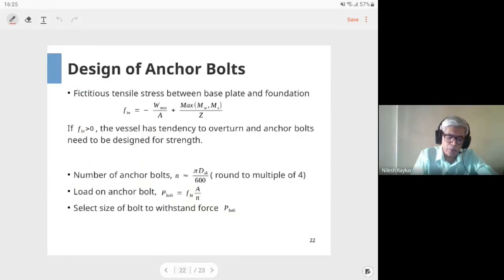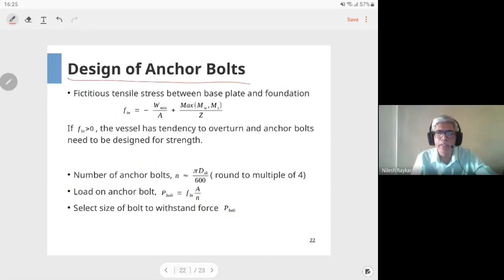For the design of anchor bolts, as I said earlier, the bending moment which acts on the base of the skirt tries to uproot the anchors, and that depends on how much is the weight of the vessel.